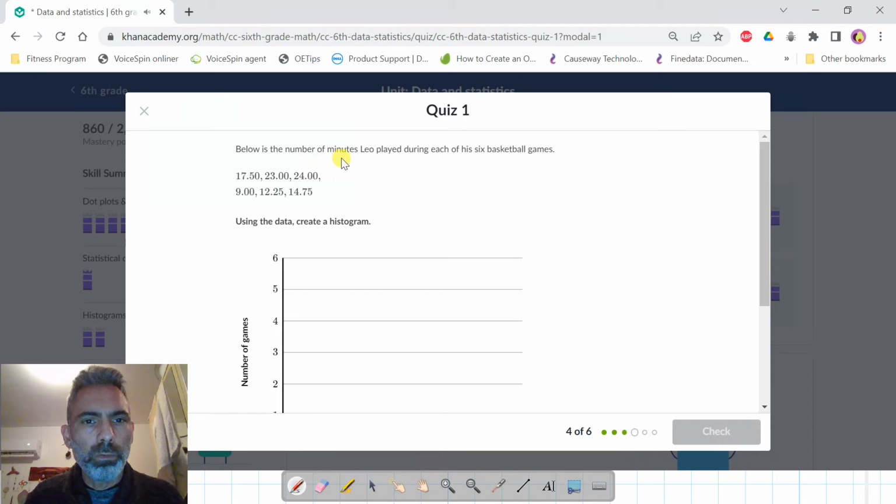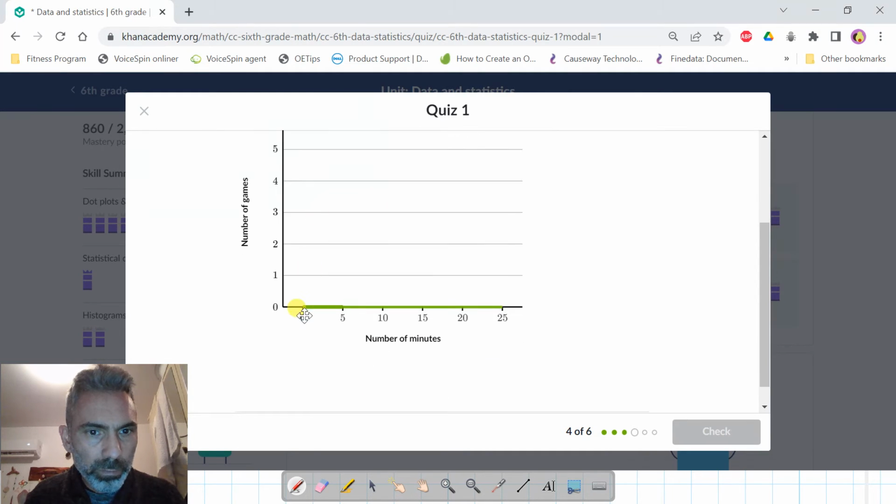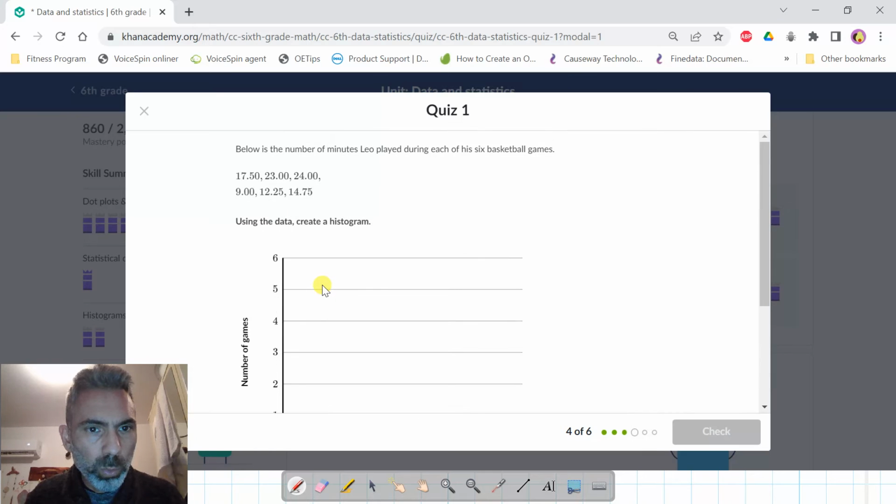Below is the number of minutes Leo played during each of his 6 basketball games. Okay, using the data, create a histogram. So between 0 and 5, okay, in this match he played 17.5, in this match 23, 24, 9, 12.25, 14.75, so there are no matches where he played between 0 and 5.